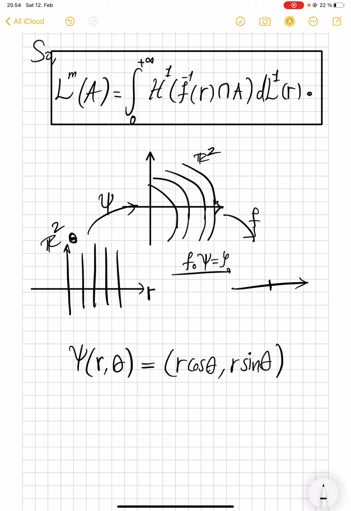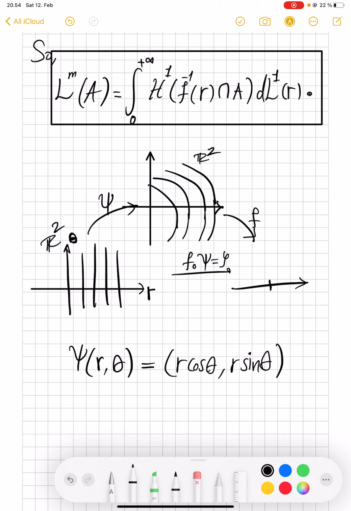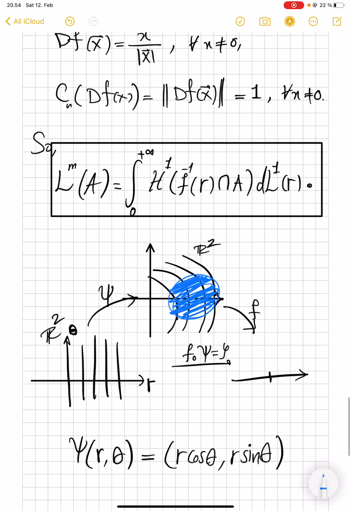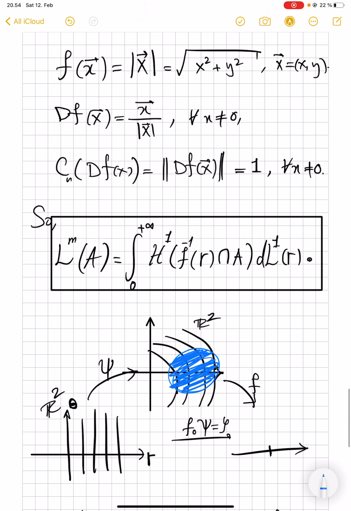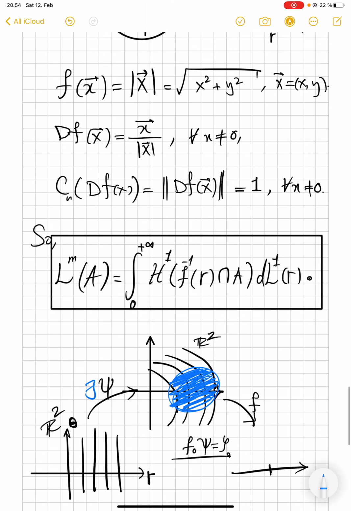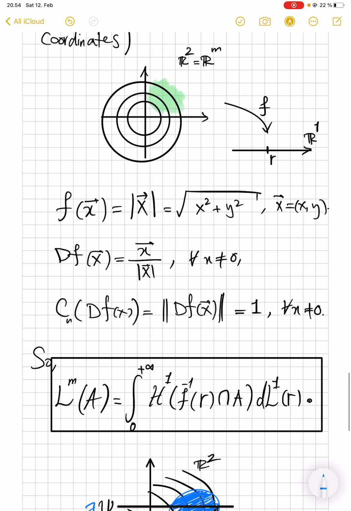if you pick a small neighborhood away from 0, which is the critical set of the function, incidentally. So remember, this psi exists only on the regular set, where the rank of the derivative is maximum.